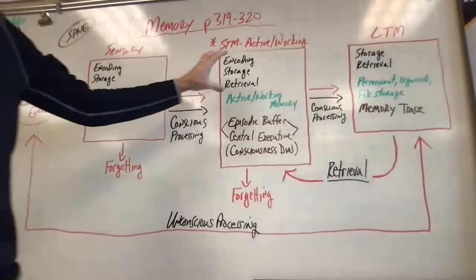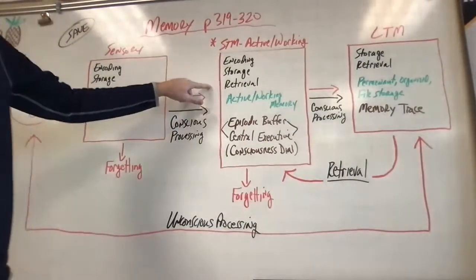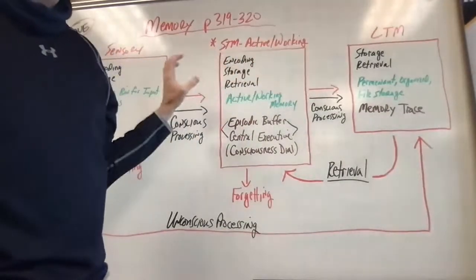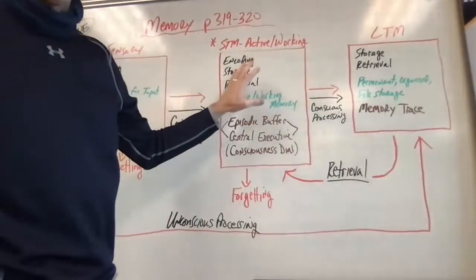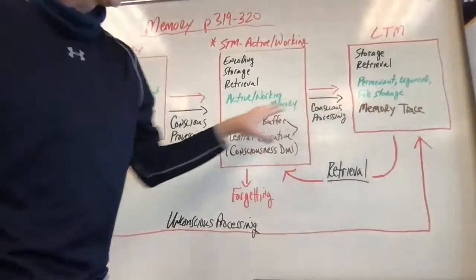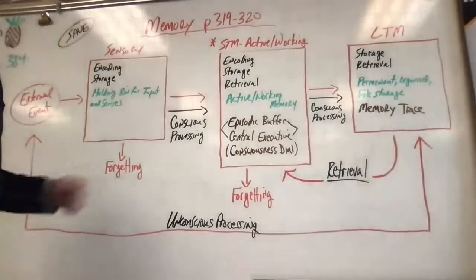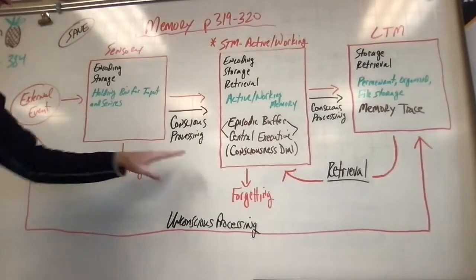In black, I have your processes of memory, so encoding, storage, and retrieval, and which system of memory they fit in. In green, I have your definition of each stage or system. In brown, I have the neurological implications or important parts that we need to cover. And then conscious and unconscious.